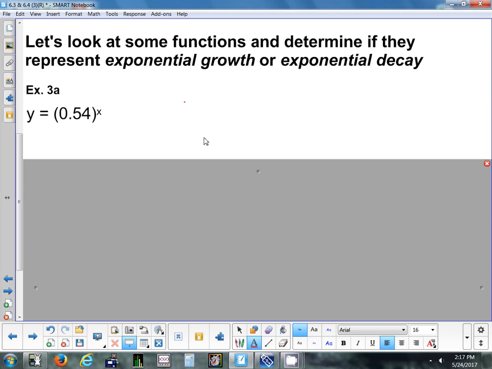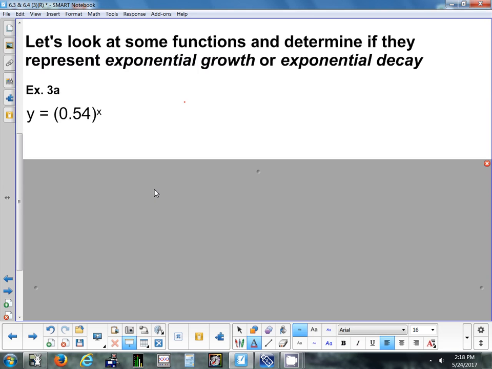Write that down in your notes for example 3a, and leave yourself a little space so you can write below it whether it's growth or decay. So y equals 0.54 to the x. Is that going to be growth or decay? What do you think, Marissa? Decay, why?